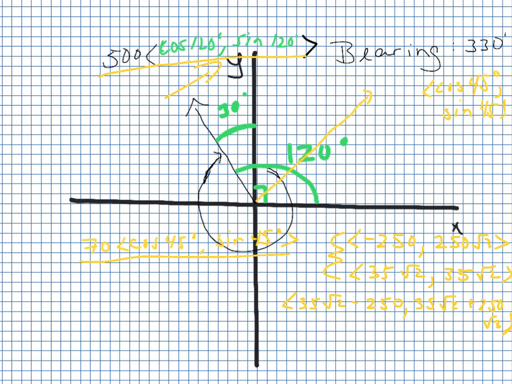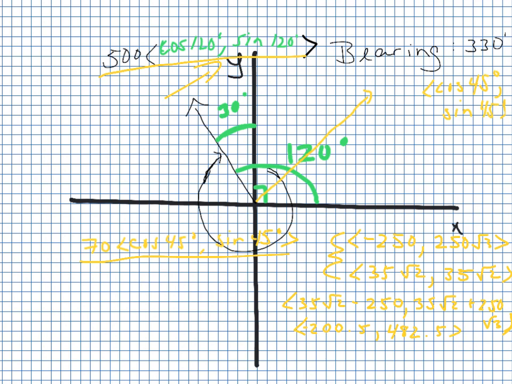Well, I have to square 35 root 2 minus 250. Let's figure this out. So 35 root 2 minus 250 is going to be roughly negative 200.5, comma, 482.5, and that's my y.